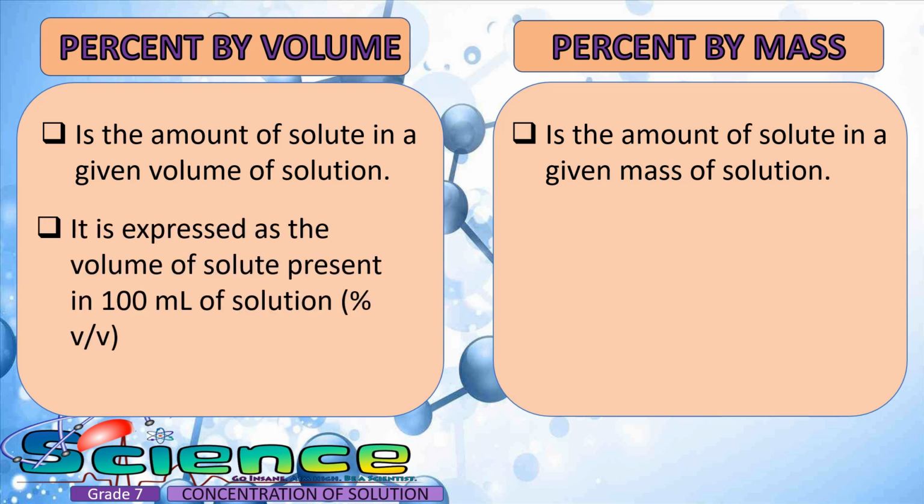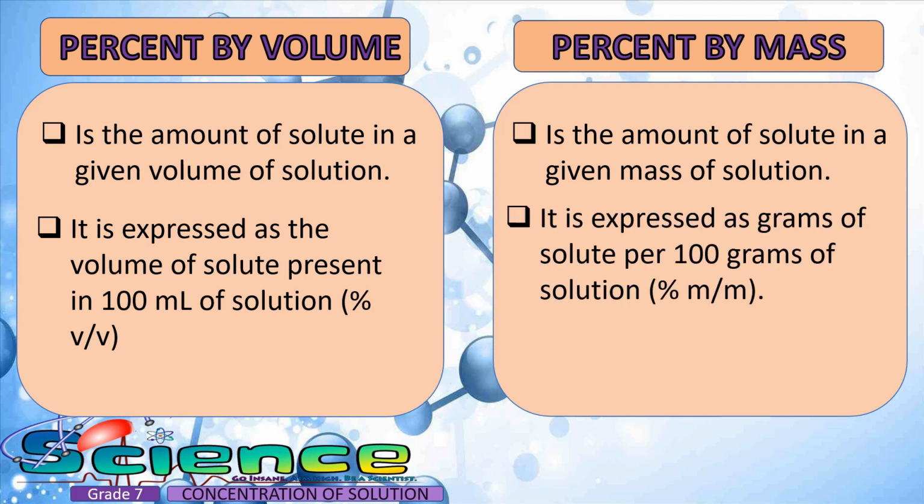Percent by volume can be expressed as the volume of solute present in 100 milliliters of solution, and percent by mass as grams of solute per 100 grams of solution.